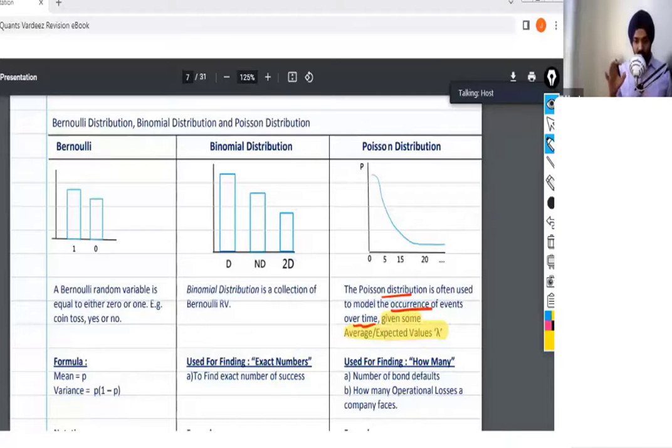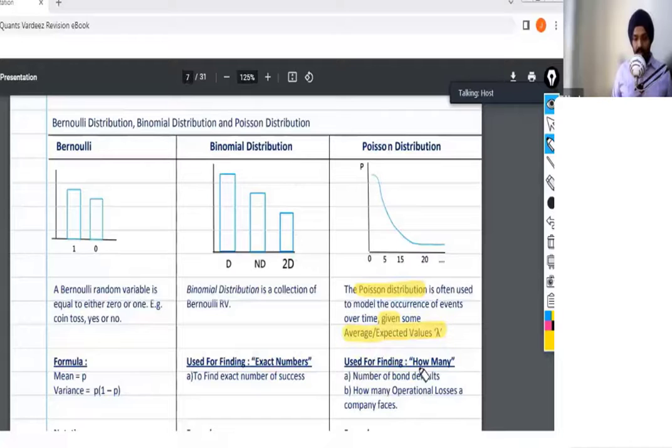So in the question itself, you'll be given an average value of something that is happening, and then you need to find how many times it's going to happen, or exactly how many times it's going to be happening. That is when you use the Poisson distribution, given the expected or average value, which is lambda.